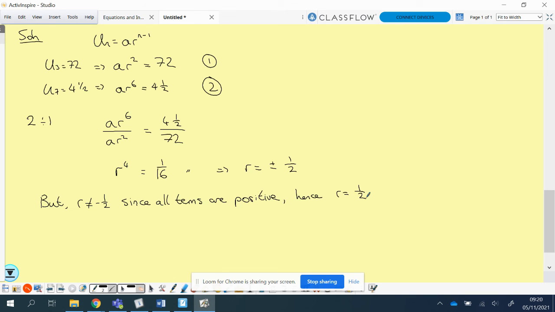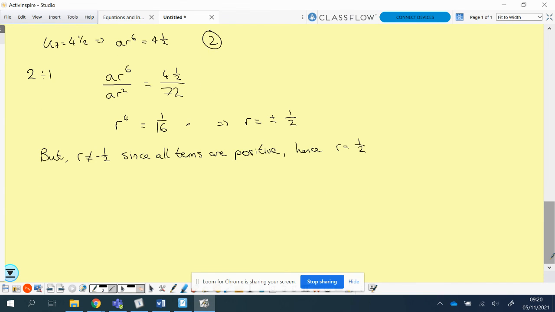Now we can substitute r equals a half into any of these equations to work out the value of a. I'm going to use equation 1, because I think it looks a bit nicer than equation 2. Equation 1 is A R squared equals 72.